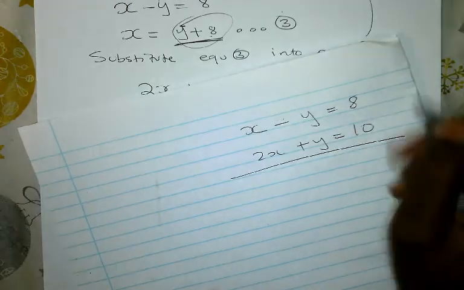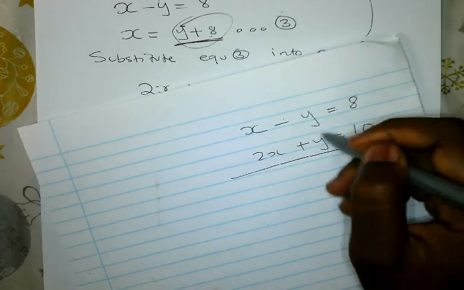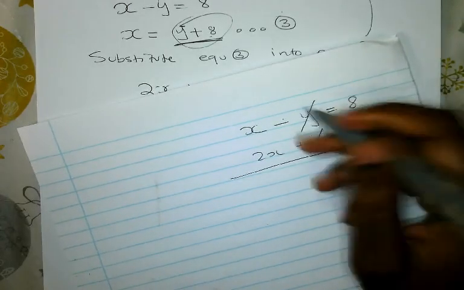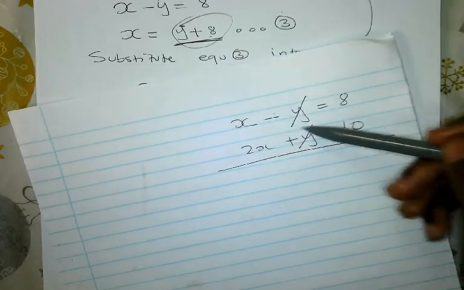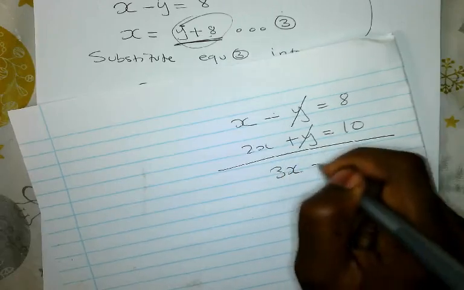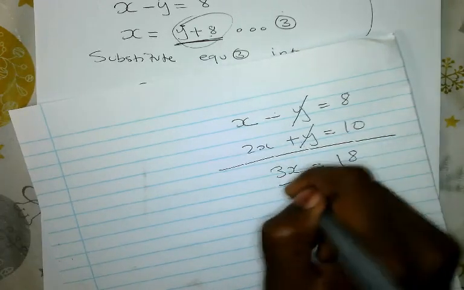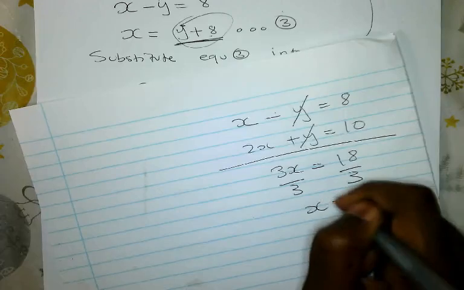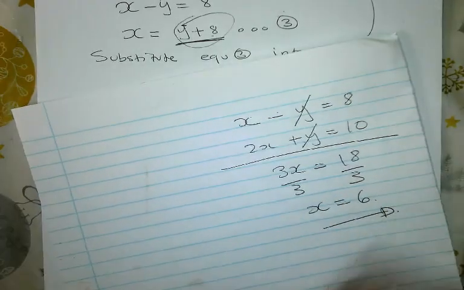They have the same coefficient and opposite signs, and then x is 3x, this is 18. Divide both sides by 3, divide both sides by 3. x is 6. So what are we missing there? Something is wrong, and I'm not seeing it. x is 8 plus y.